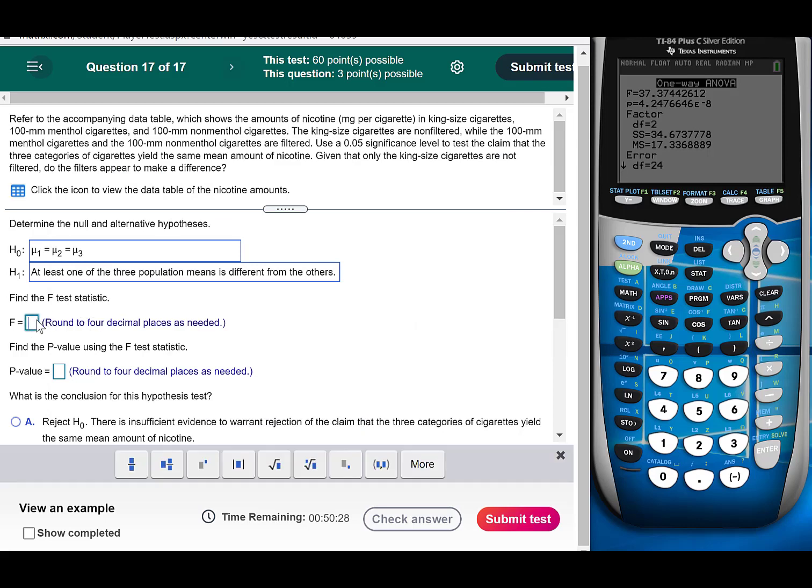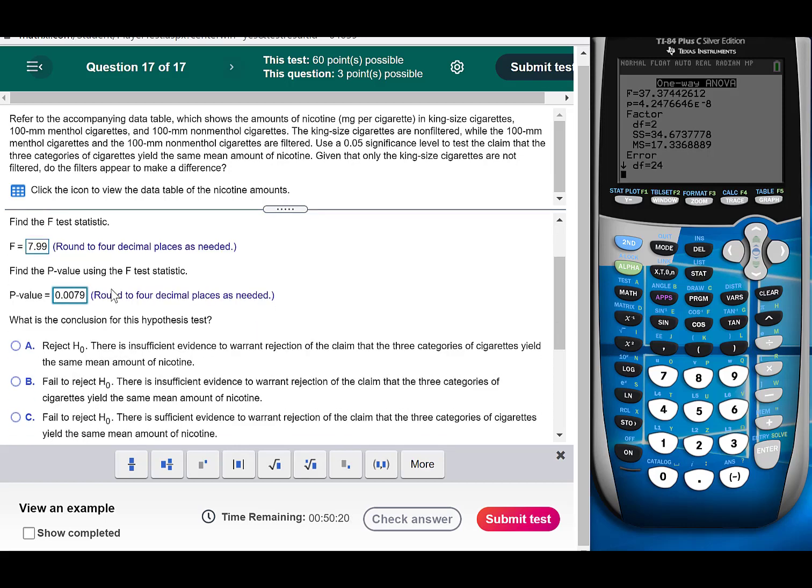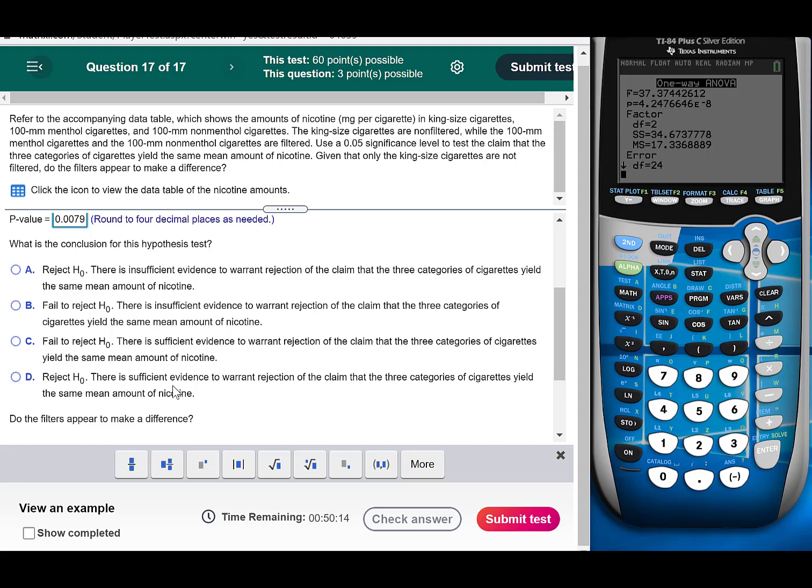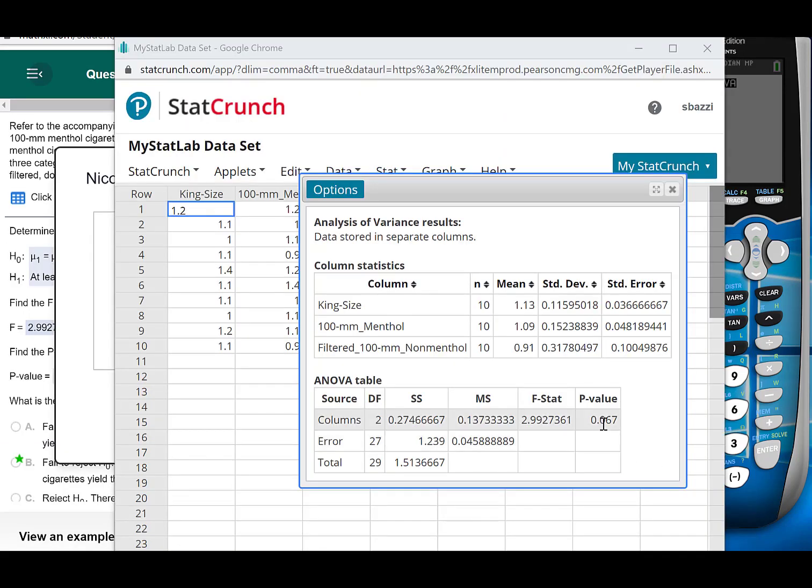Or was it 7.99? And the other one 0.00, I don't remember, whatever. And this is less than alpha. If it is less than alpha, then what do you guys conclude here? Sorry, I had to go back and look, guys. So the test statistic is 2.99. It says 3 or 4 decimal places.